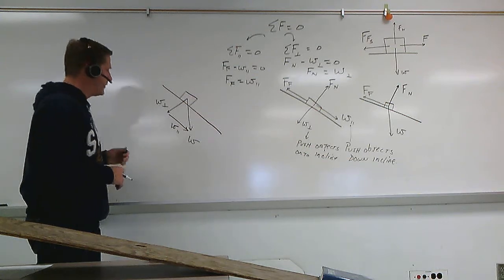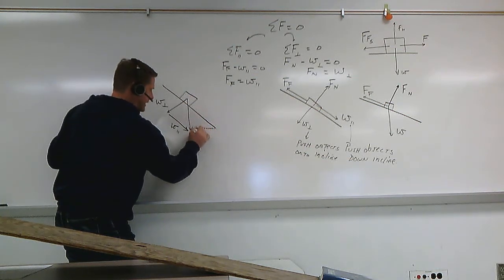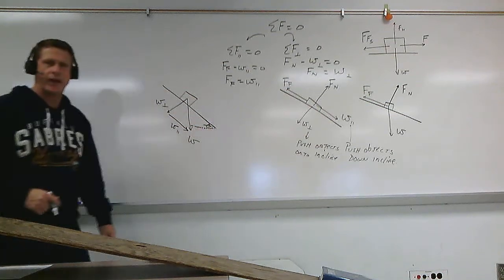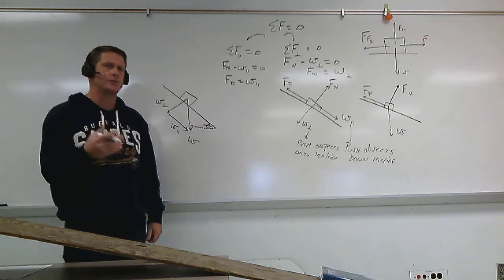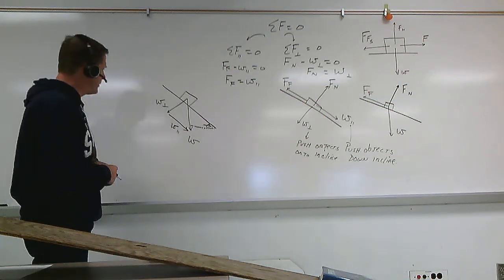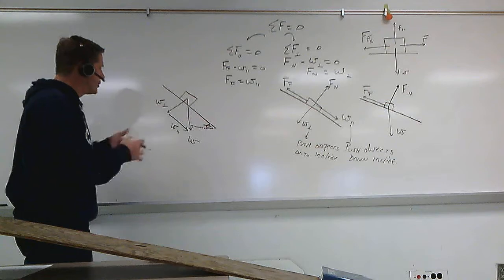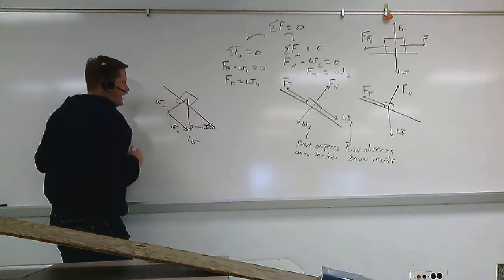Now let's think about this, okay? Now, my incline is lying on the ground, and it's inclined at some angle theta. Now, you're not going to have to duplicate this, but I think it's worth doing. It's worth showing when we talk about this. Okay? So look, right now this angle right here is 90 degrees.